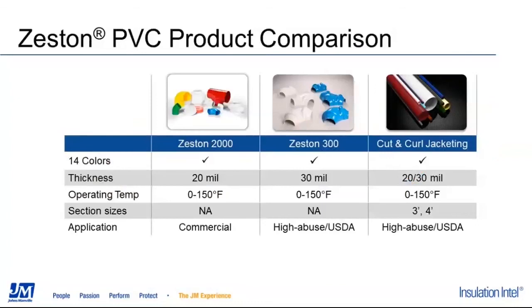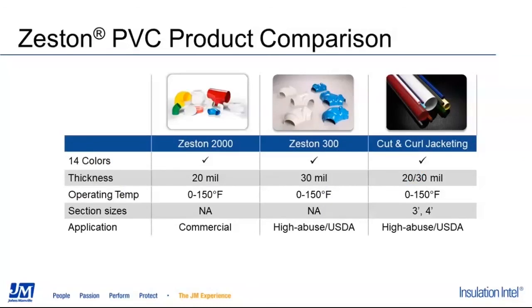Now let's look a little bit closer at our Zeston 2000 and 300 cut and curl jacketing. As I mentioned, all products are offered in 14 colors, so that's 13 colors plus white. Thicknesses are 20 mil for 2000, 30 mil for 300, and cut and curl jacketing comes in both. The usage system temperature for this installation is from 0 to 150 degrees Fahrenheit.